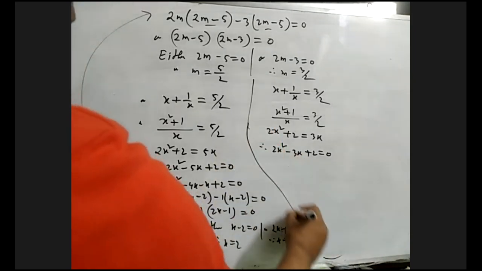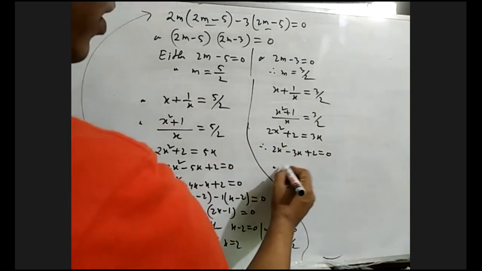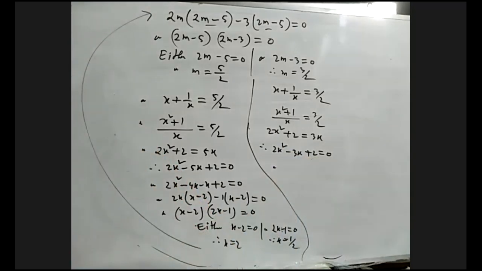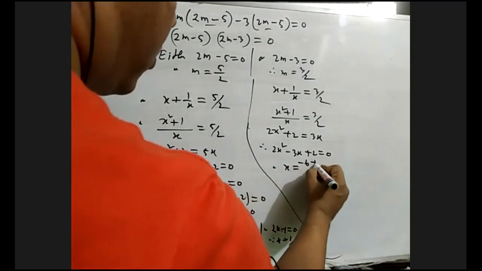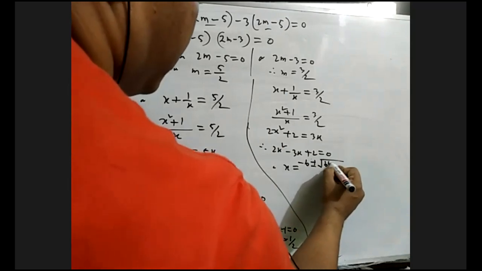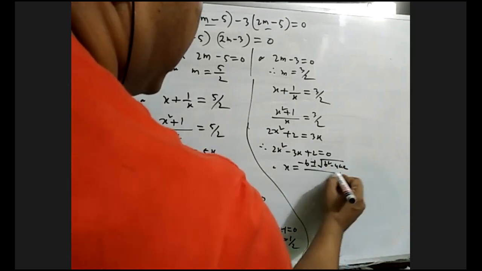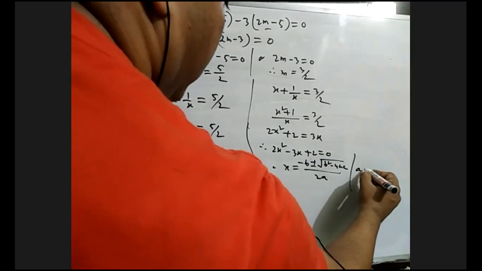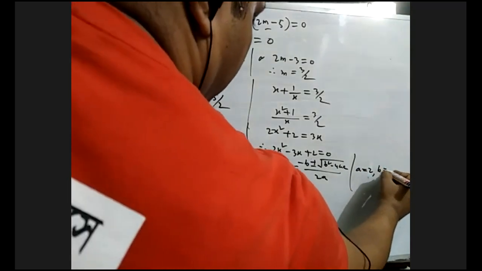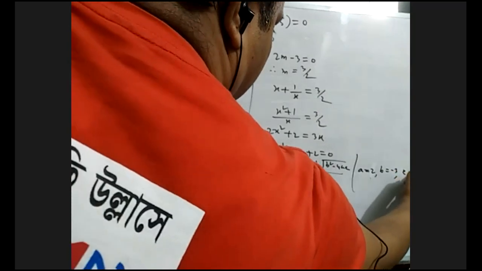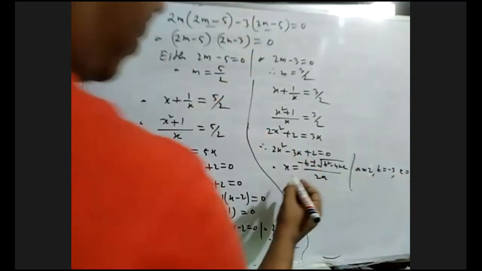Now for the second part, we cannot use the factorization method. We have to use the direct formula, the quadratic formula, for solving this: x equals minus b plus minus square root of b square minus 4ac divided by twice a. Here a equals to 2, b equals to minus 3, c equals to 2.